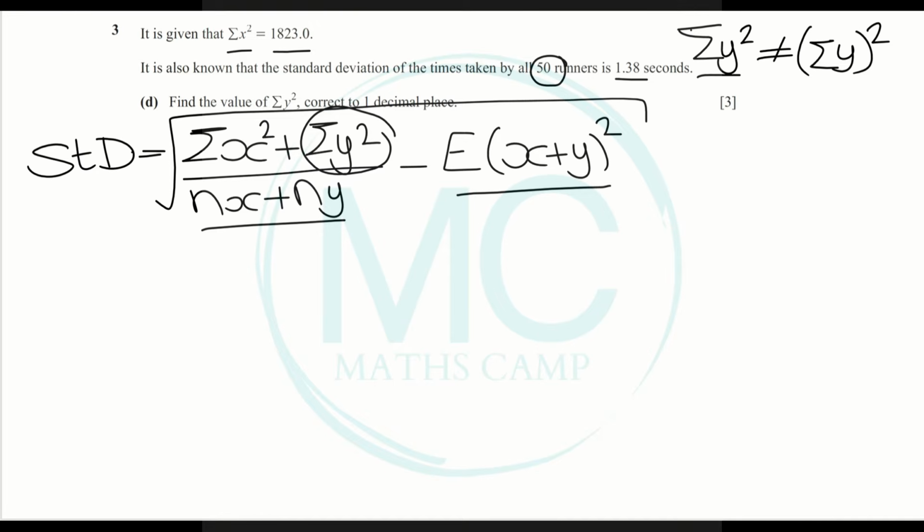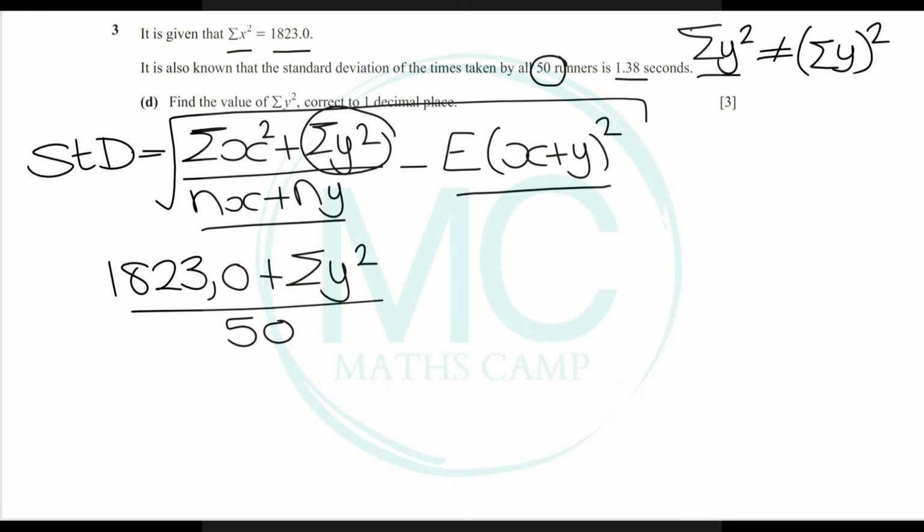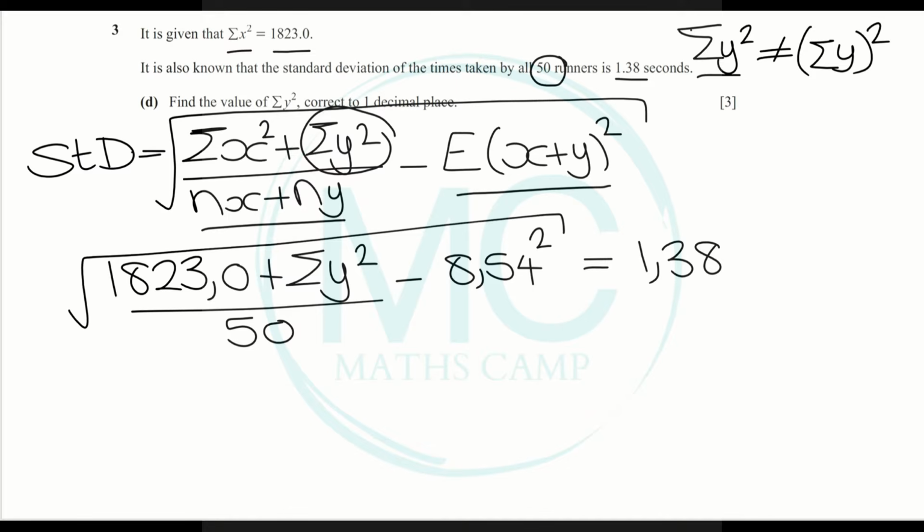So for sigma x squared, I'm going to say 1823 plus sigma y squared, the value we're looking for, over 50 minus the total mean, 8,54, squared, is equal to the standard deviation, 1,38. Put this all under a root.